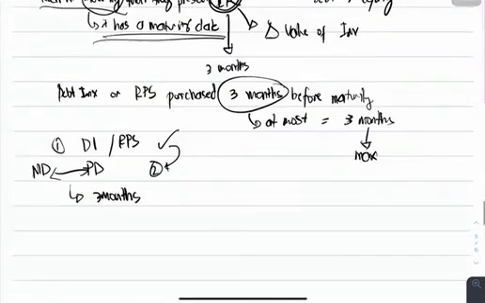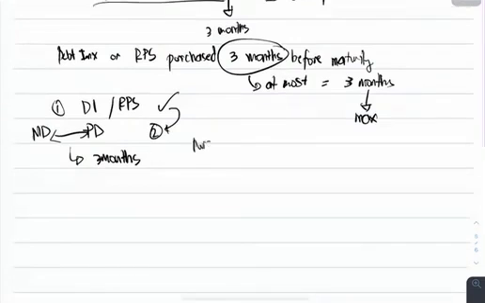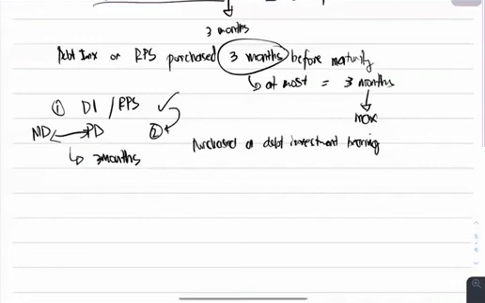Okay, let's have an example. So purchase a debt investment bearing issue date of January 1, 2015.